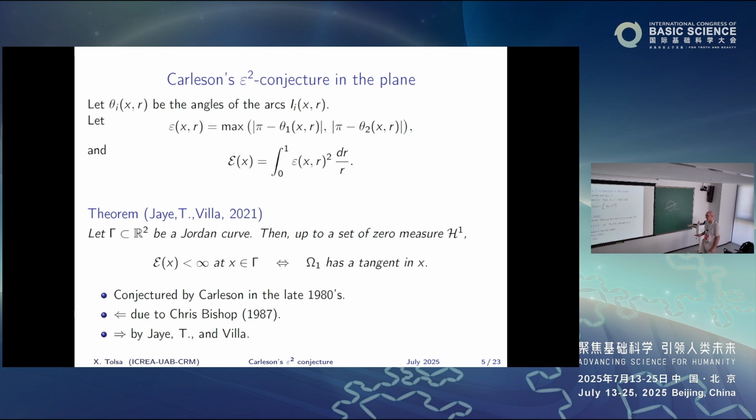Let me say also that this implication, showing that at tangent points this square function is finite except for sets of 0 length, was shown by Chris Bishop, and I will say a few words about this. And the opposite implication is the most difficult one, that is the one solved in this theorem.